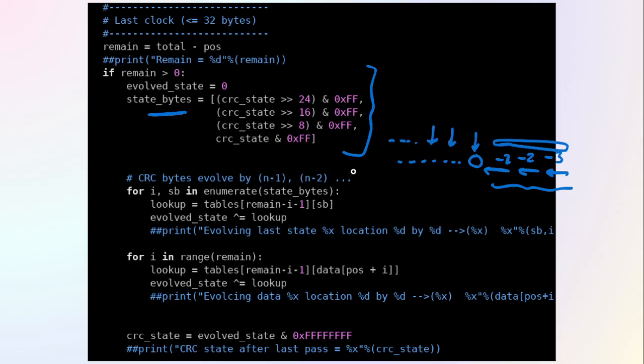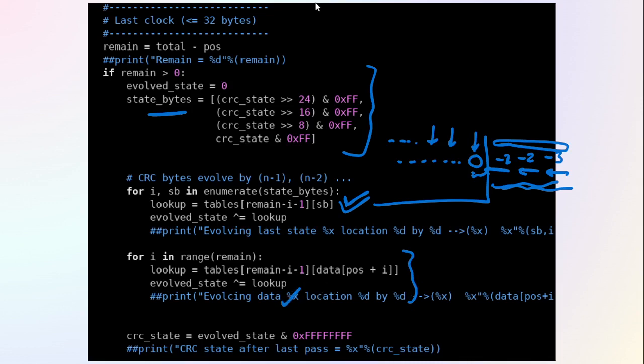So we load the CRC in the right location. If there's only 1 byte, then the 3 bytes of CRC will just shift left and the 1 byte will evolve. So I have done these tables intelligently on the negative side. The same thing happens here, except data will never go negative. Data will only fill on this side, so we'll align the data here and then do the lookup.